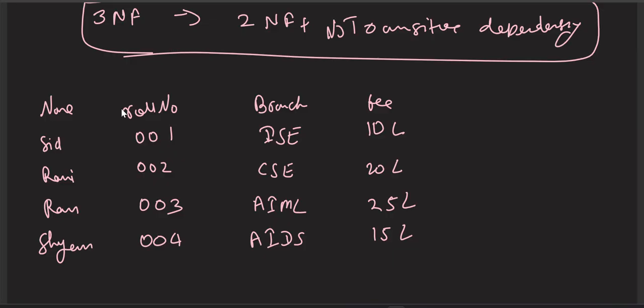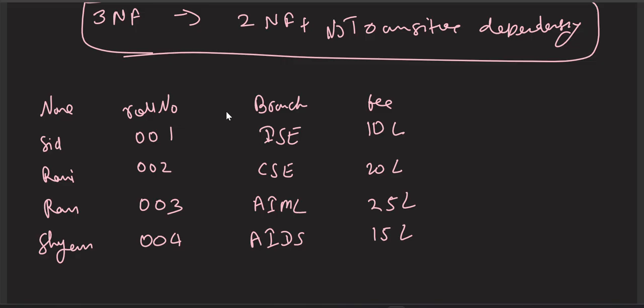To be in two normal form, there should not be any partial dependency. Here, as much as I can see, there is no partial dependency. So we can move further and we will check for what? Transitive dependency. Yeah. So we have to check whether there is any transitive dependency or not.